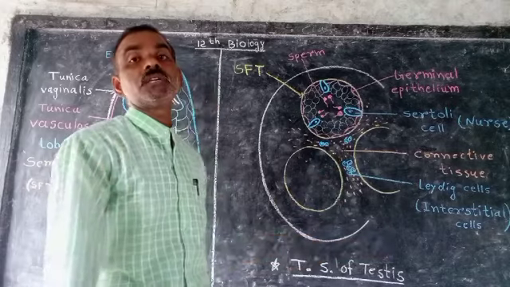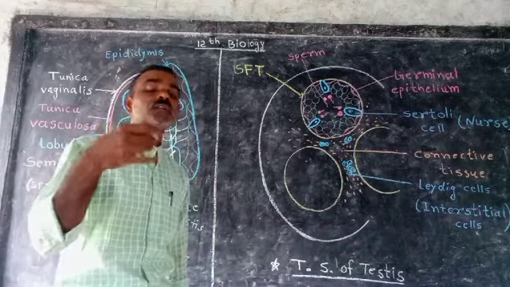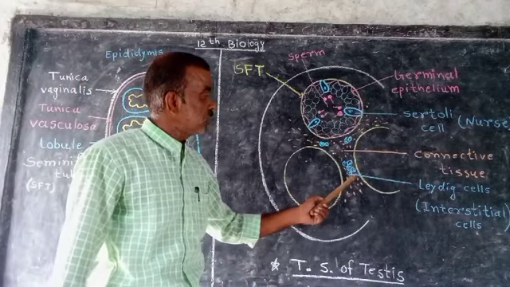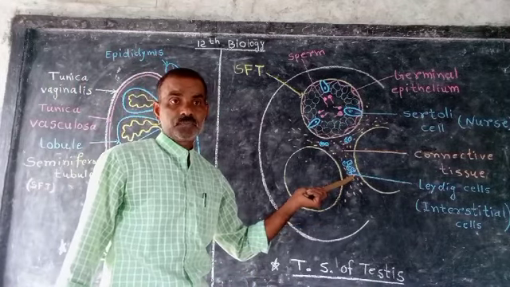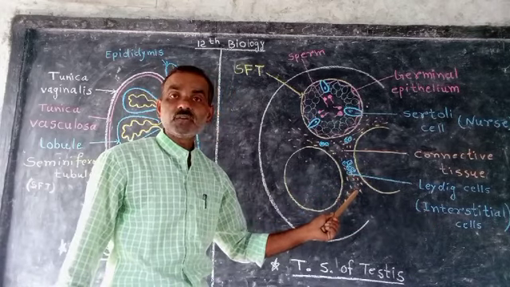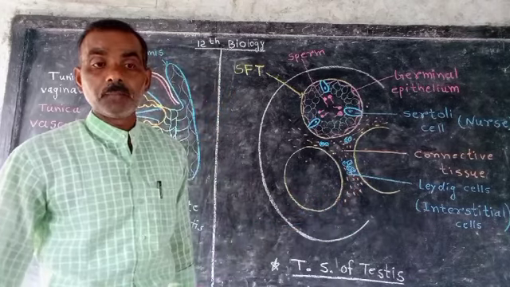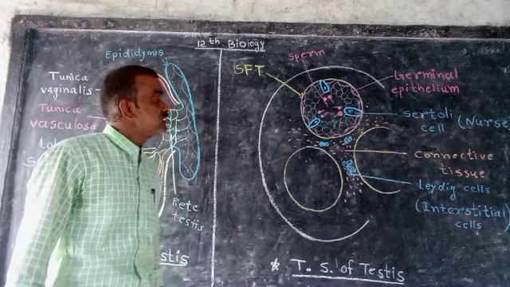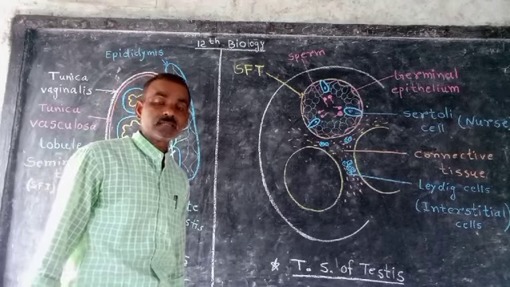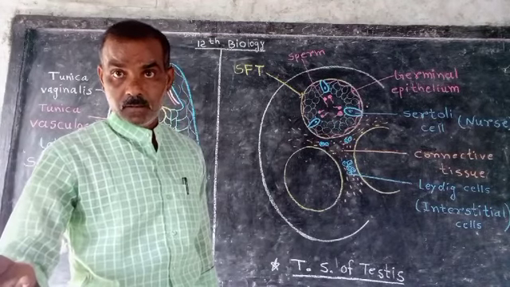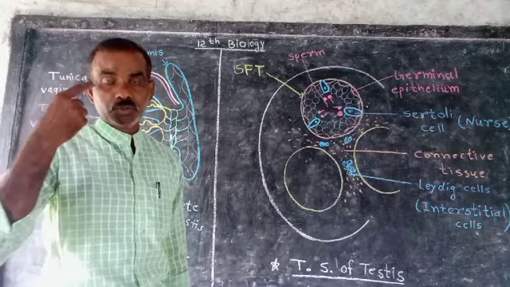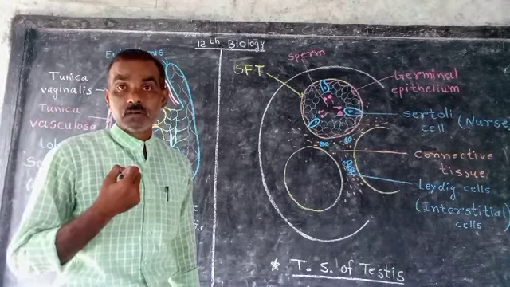Write the function of testosterone, or where testosterone hormone is produced. Testosterone hormone is produced in the Leydig cell or interstitial cell present in connective tissue, and its function is development of secondary sexual characters in male, like deepening of voice, development of mustaches, development of beard.